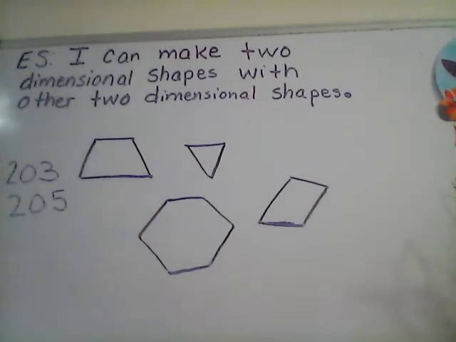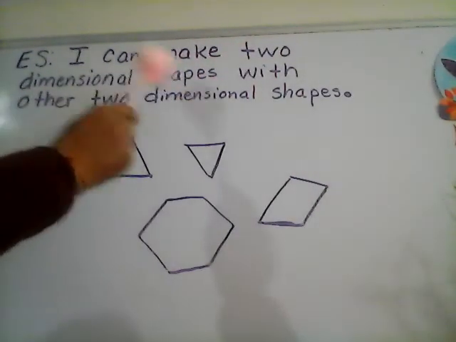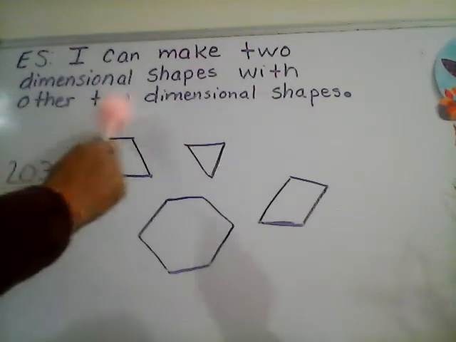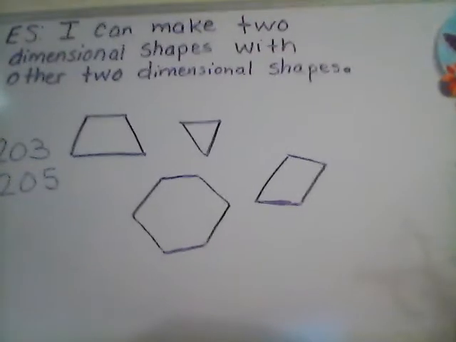So let's read our essential statement. E.S. I can make two-dimensional shapes with other two-dimensional shapes. Did you know that you can make two-dimensional shapes, boys and girls, with other shapes that are two-dimensional? Well, let's see what we can do.